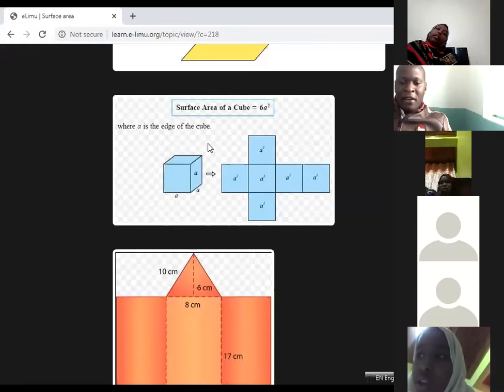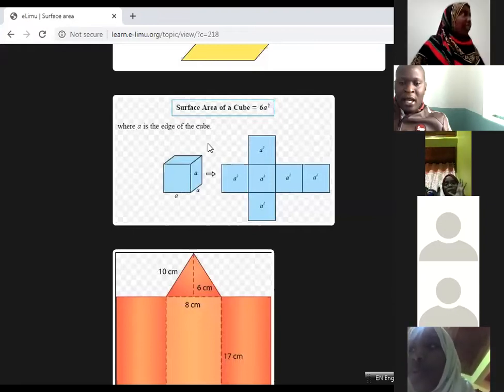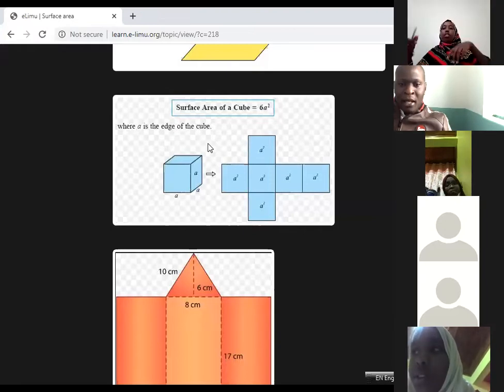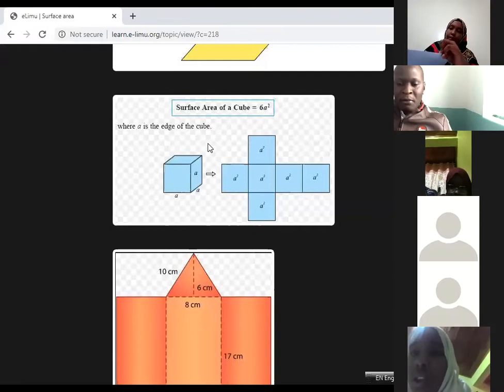So to get the surface area of a cube, we shall have the area of the first square, A squared 1 plus A squared 2 plus A squared 3 plus A squared 4 in that order until A squared 6. We put them together. So when we put them together, we shall have 6 A squared.